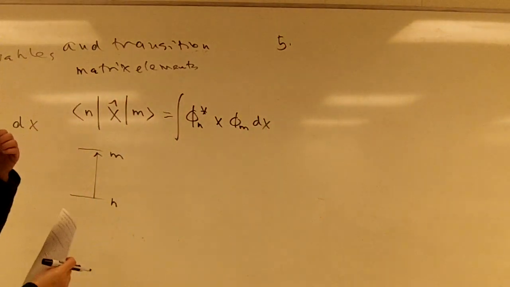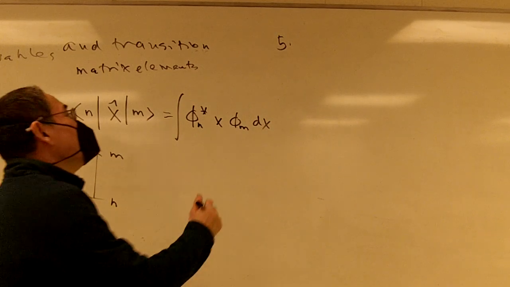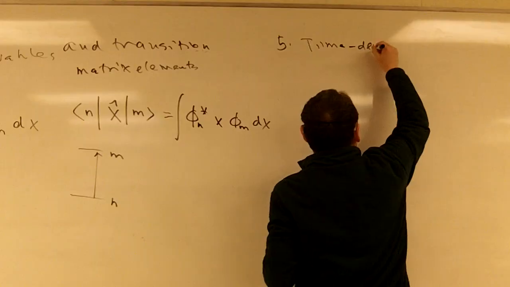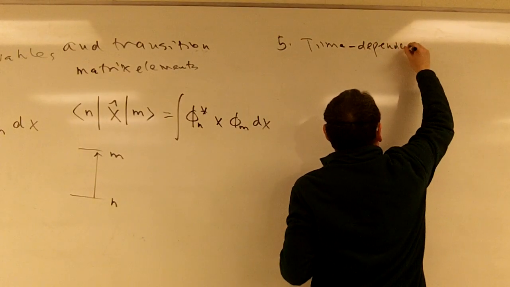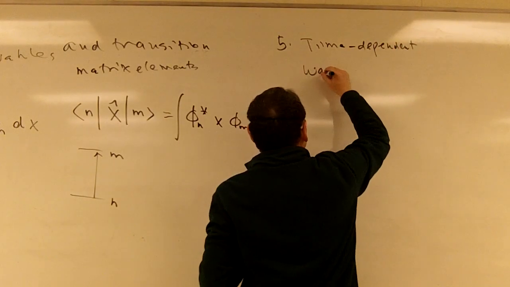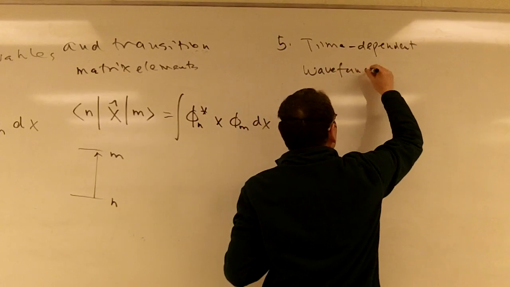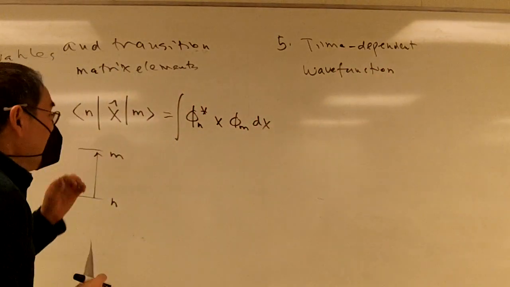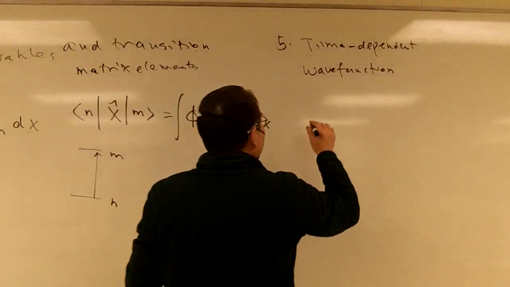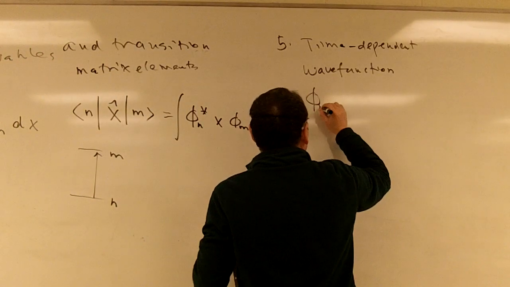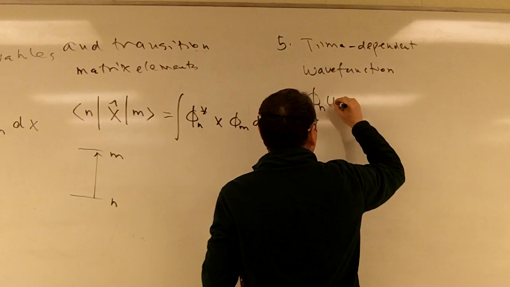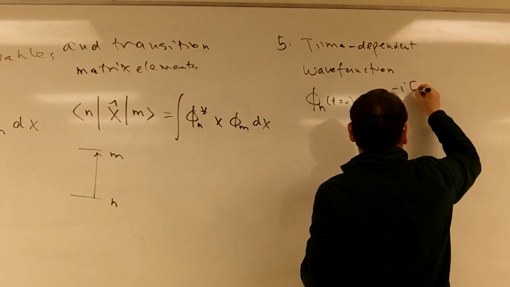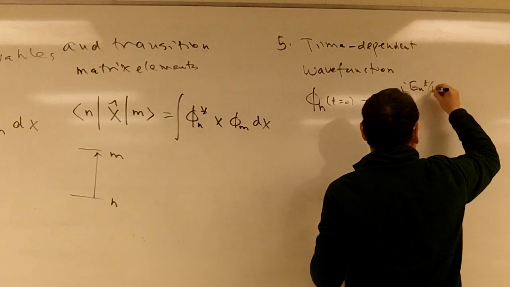One last part, which we covered last time already, but I just want to summarize it: the time-dependent wave function. This essentially is a review of what we discussed last time. For the pure state, for the time dependence, we start from t equals 0 and multiply by e to the negative i E n t over h bar.